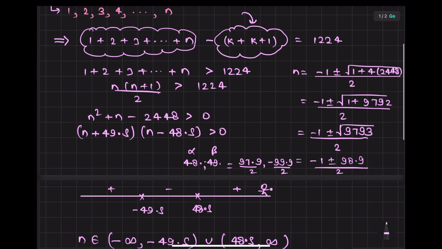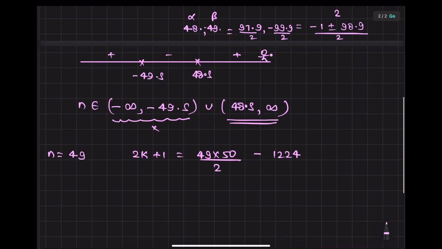Yes, this is correct. Now simplify things. So this will become 25, so 49 times 25.